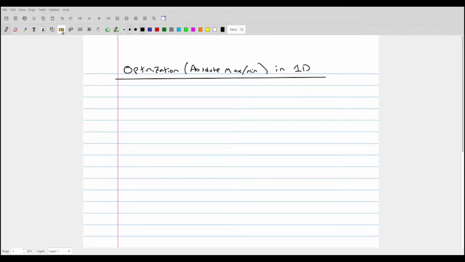And what you'll hopefully recall is that the main theorem that we have for optimization in 1D is that the absolute max and min, sometimes called the global max or min of a given function occurs at one of two locations.